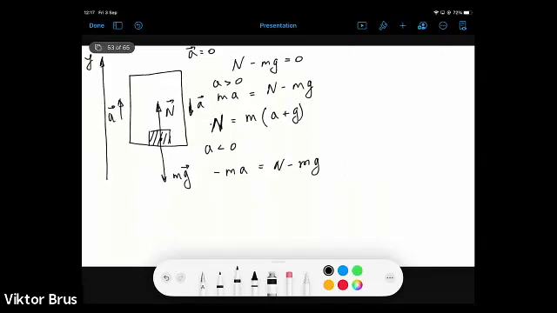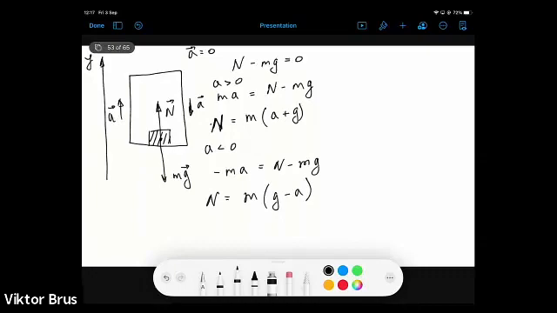So now if we do the same manipulations, we get the expression for the reaction of the bottom of the lift, the surface where this body is located, as m times (g minus a).